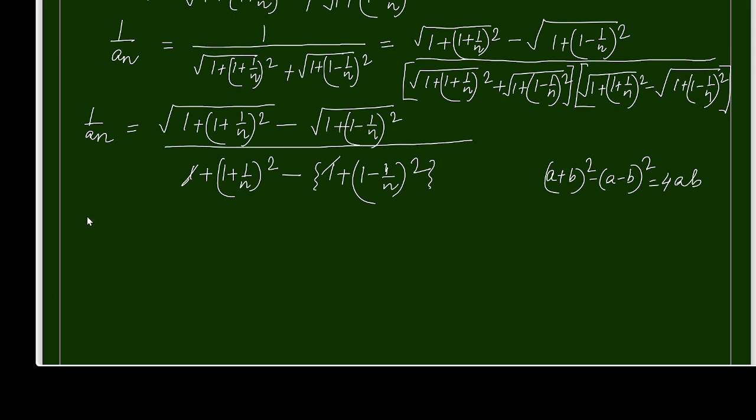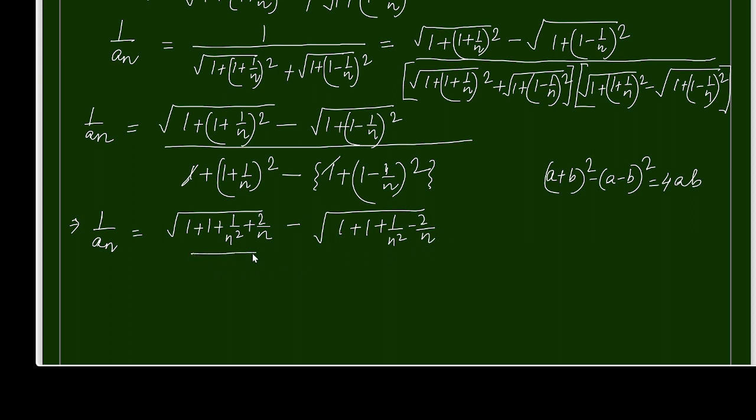Okay, so now 1 by the nth term is equal to, now I am simplifying the numerator. Numerator will be square root of 1 plus (1 plus 1 by n) whole square, that is 1 plus 1 plus 1 by n square plus 2 by n. Here also square root of 1 plus 1 plus 1 by n square minus 2 by n.